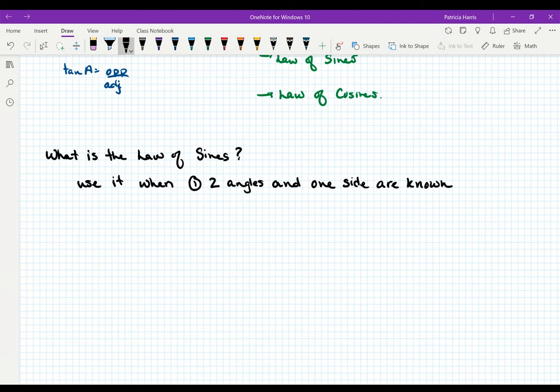Okay? You can also use it when you have what we call the ambiguous case, which is when we know two sides and an opposite angle.